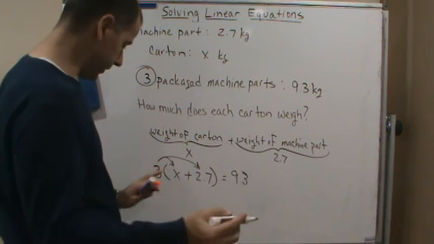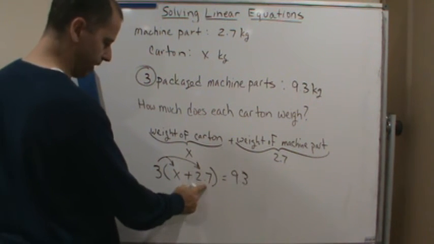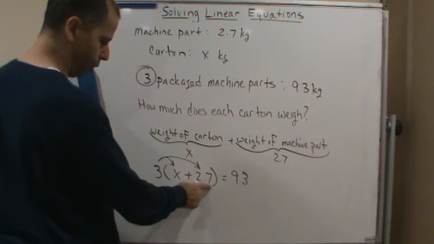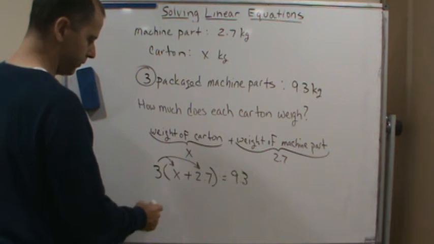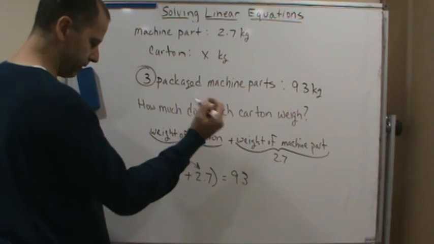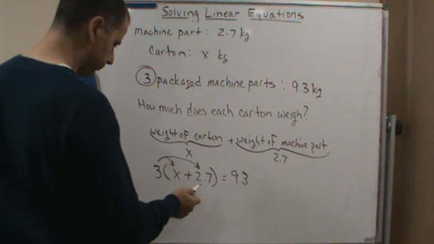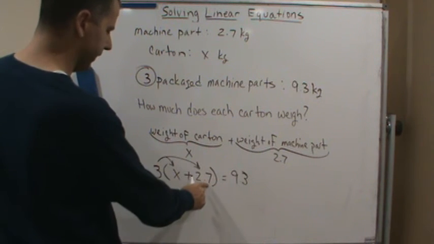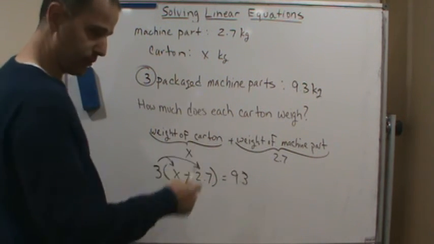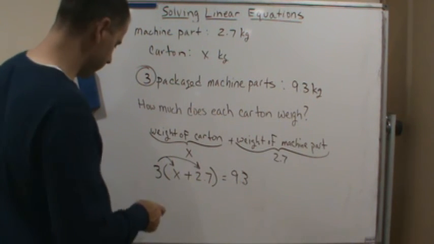Okay, so let's try this again. I made my mistake here. I multiplied this by 4 and it should be multiplied by 3. So I multiplied this by 3 and multiplied that by 4 for some reason. Actually, I don't know what I did there. Oh, I think I did 3 times 8 for some reason.